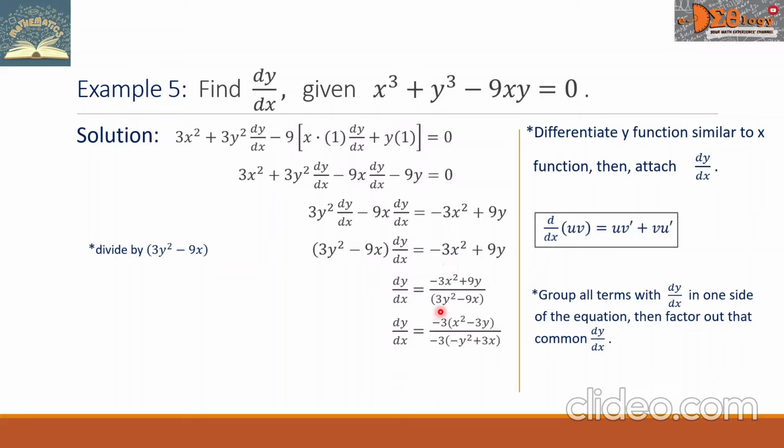So we have negative 3 times the quantity x squared minus 3y in the numerator over the denominator negative 3 times the quantity negative y squared plus 3x. Then we can cancel the negative 3 in the numerator and denominator respectively. Finally, dy over dx equals x squared minus 3y all over negative y squared plus 3x.